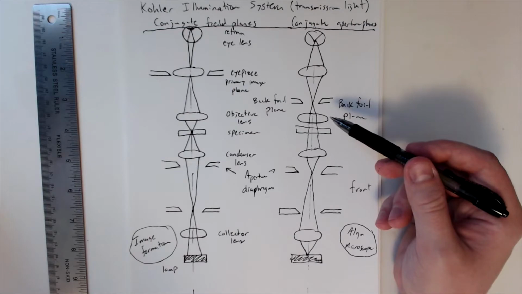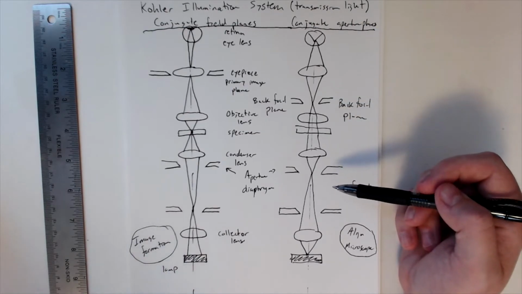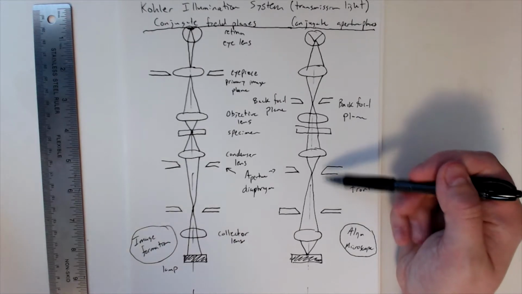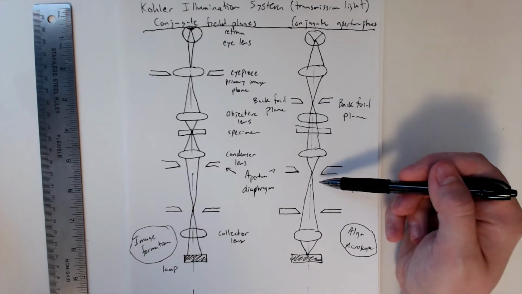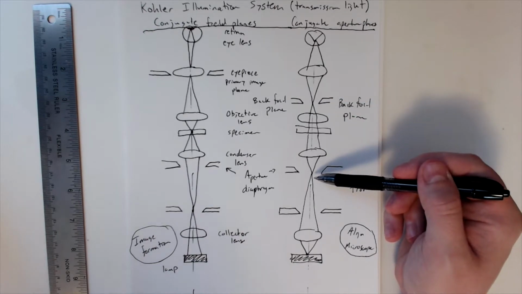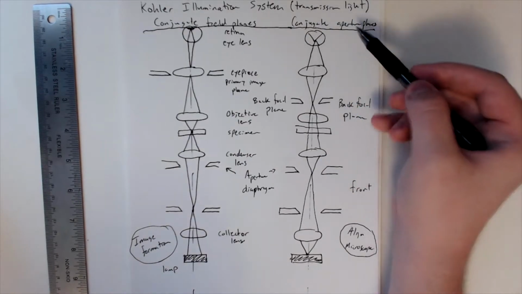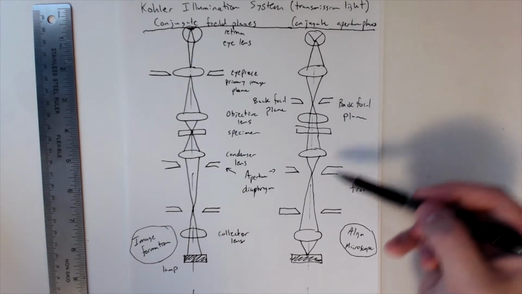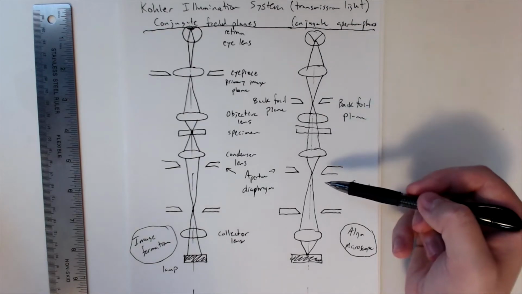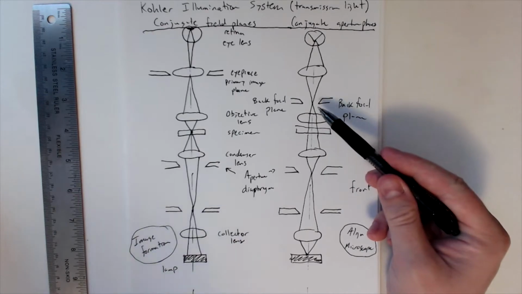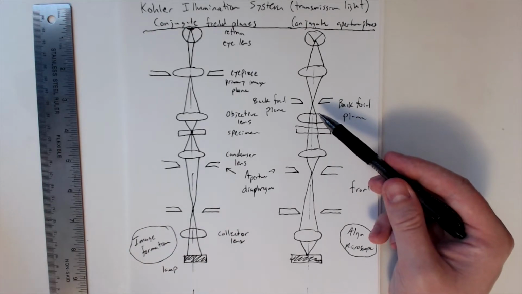So we can use these apertures to align the microscope in a way that will help us when we're using it with the conjugate field planes. So this is basically illuminating, or the light is becoming convergent in these aperture planes. So that's why we call it conjugate aperture planes. Right? And so those again are going to be similar on both sides. It converges at this plane and the front plane here and the back plane here. And again, it's for alignment.